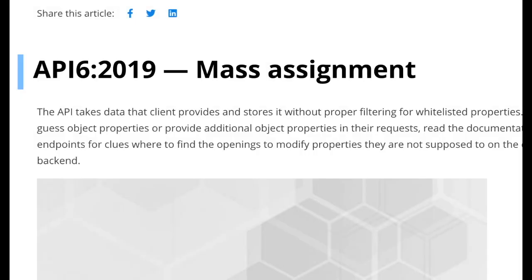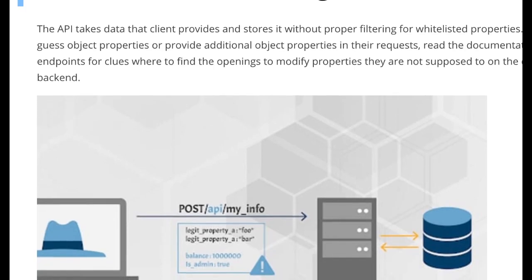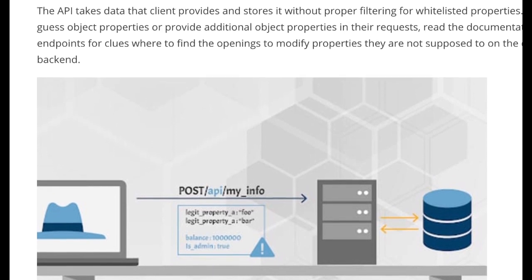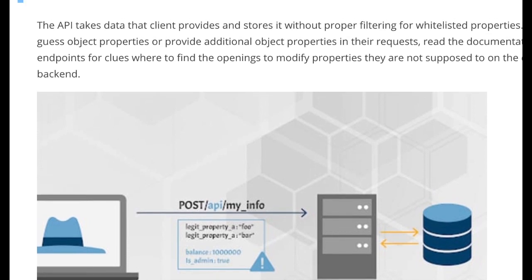Issue number 6 of the OWASP API security issues, we look at mass assignment. What this effectively is, you're just sending all of your variables at once without checking them, and allowing everybody to send any of the variables that they want, or even additional variables that you hadn't planned for.